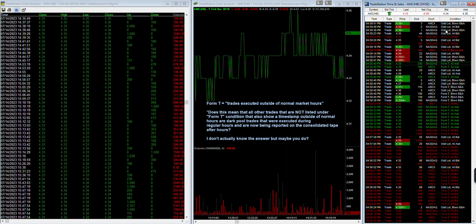Again, those aren't Form T. So if those were run through the dark pool during regular market hours, and the excuse they use for routing retail trades through the dark pool during regular hours is to bundle those into larger blocks, why do they appear in the time and sales as 3 shares, 2 shares, 1 share, and 44 shares, going into the after hours close? Anyway, interesting stuff to talk about.